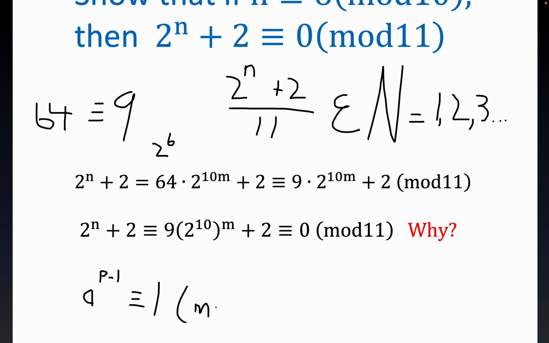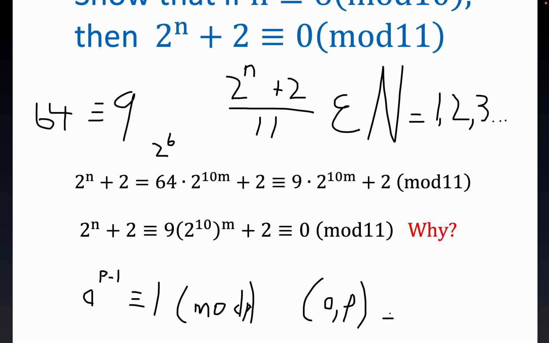You have to assume here that p and a are relatively prime, or a is not a multiple of p. Whoops, I need to fit a p in there. That's a mod p, folks. Sorry about that. The assumption is that a and p have no common factors. Some people write it as p does not divide a. So that's the case here.